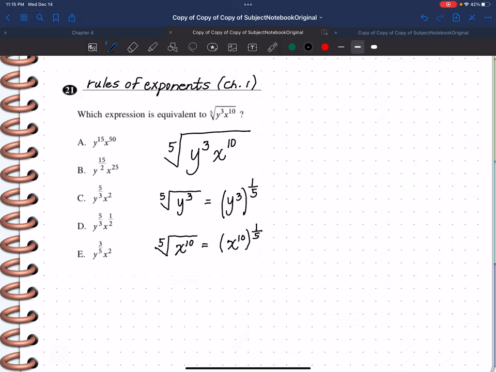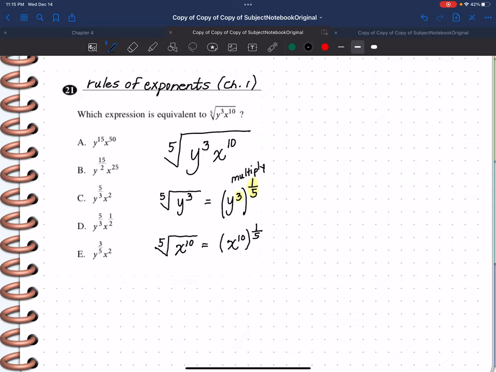But here's the rule. When you are raising a power, like this one, to another power, you're going to multiply those two together. This is what I was looking for. They call it a power to a power product or a power of a product property.